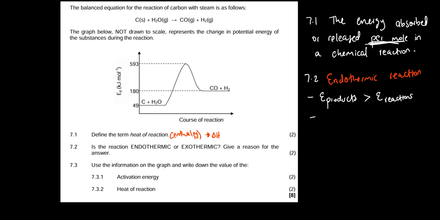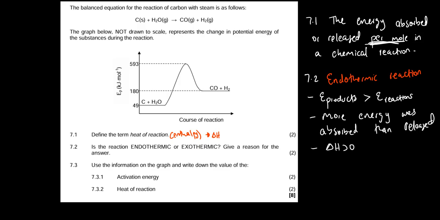So you can say more energy was absorbed than released. Wow, guys, this is brilliant. Very much correct. And then lastly, you can also simply say the enthalpy is greater than 0. Okay, now you are learning it.